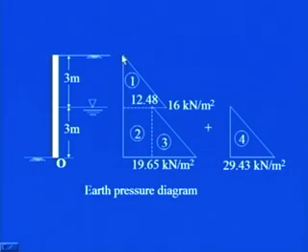So you see the shape of the earth pressure diagram is from 0 till 16, then it gets reduced to 12.48, and then it increases linearly to 19.65 kilonewton per meter square. Then you have to incorporate this pore water pressure which is 29.43 kilonewton per meter square.